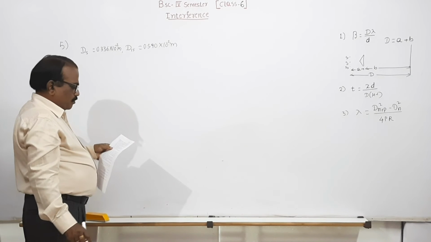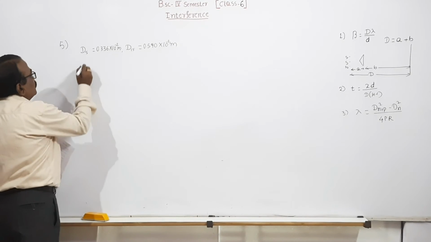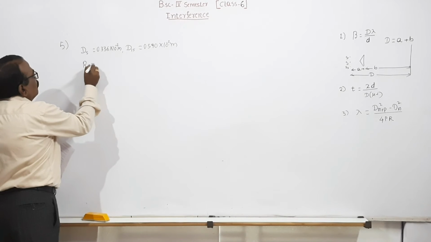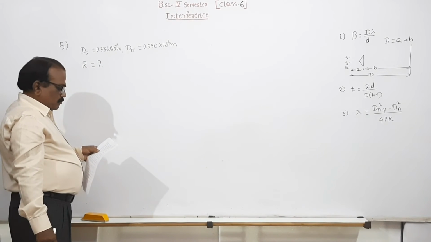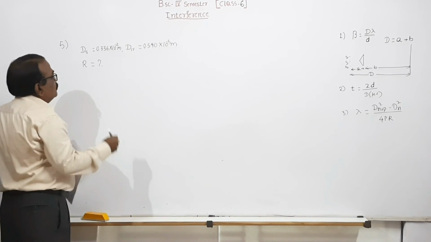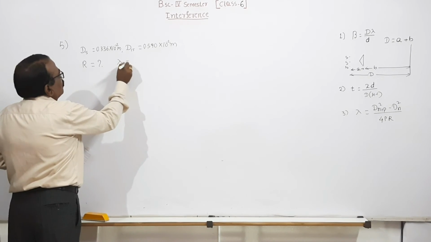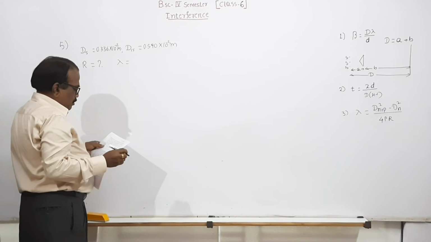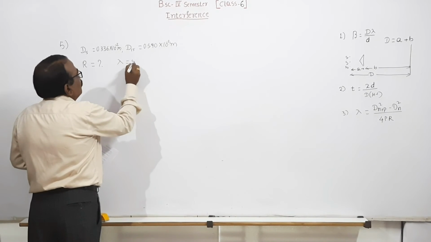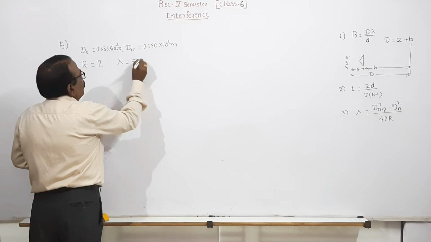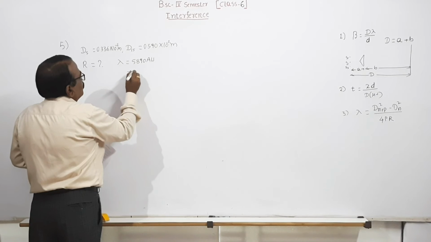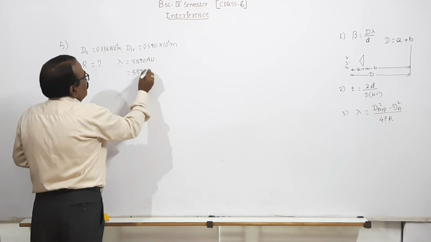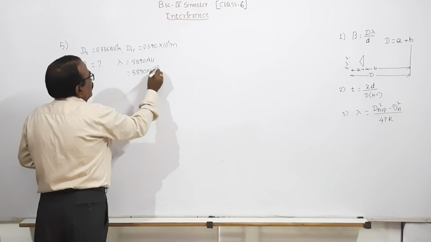Find the radius of curvature of the plano convex lens. You ask what is R. If wavelength of the light used lambda is 5890 angstrom unit, or this is 5890 into 10 raised to minus 10 meter.